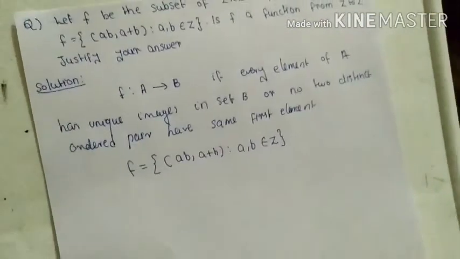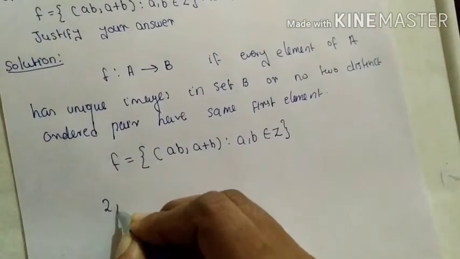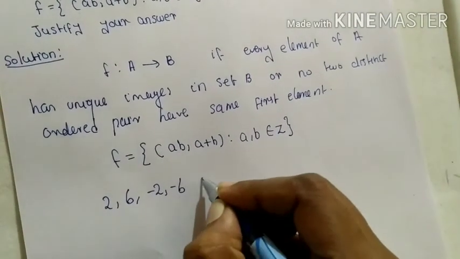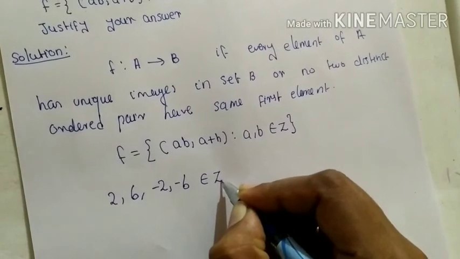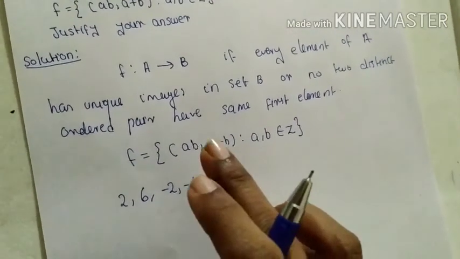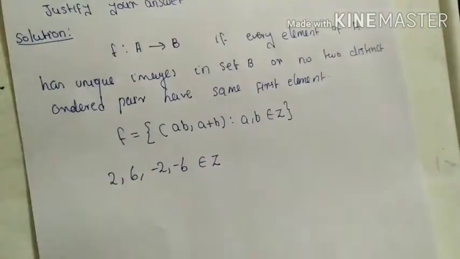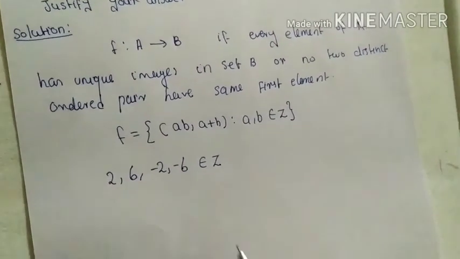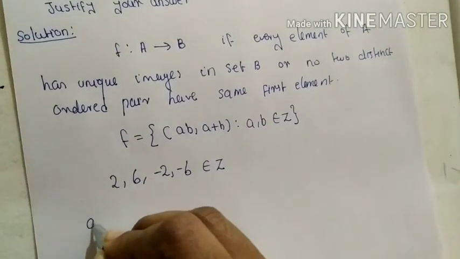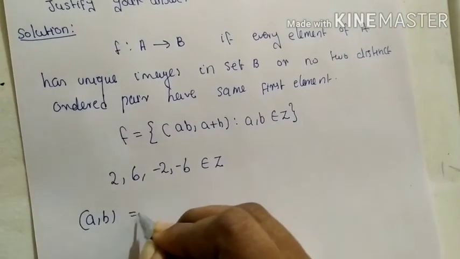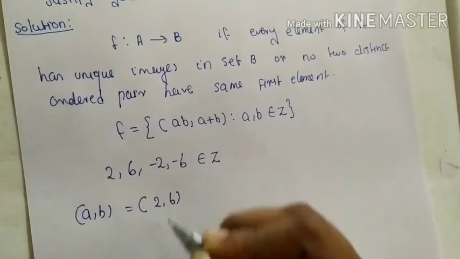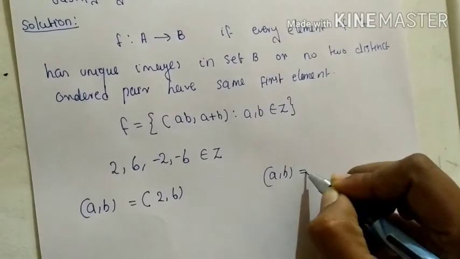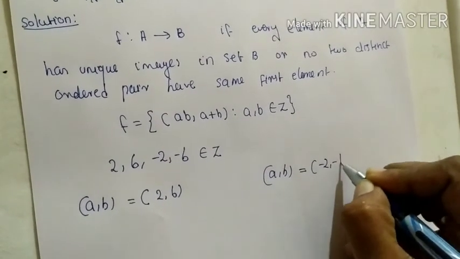Right. So let us take 2, 6, and minus 2, minus 6, which are elements of Z. Let us substitute the values of a, b here. First take (a, b) as the ordered pair (2, 6), and next take the ordered pair (minus 2, minus 6).